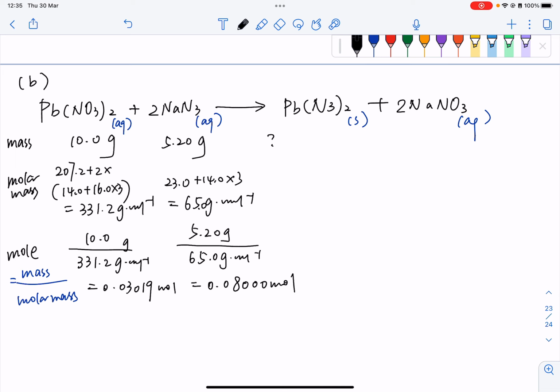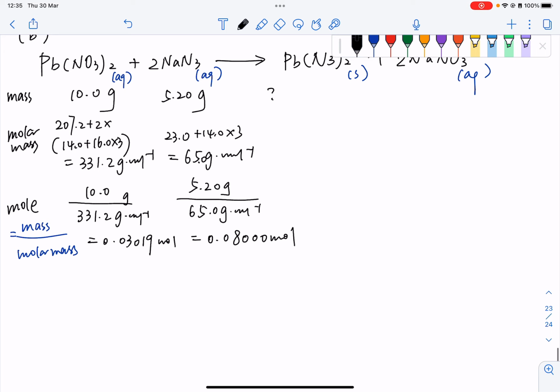Alright. And now let's compare the ratio to coefficient, right? The coefficient here should be exactly equal to the mole ratio. What is the number in front of the two compounds here? One is 1, another should be 2, right? If we want to calculate which one is the limiting reagent, we have to find the lowest ratio to coefficient, right?